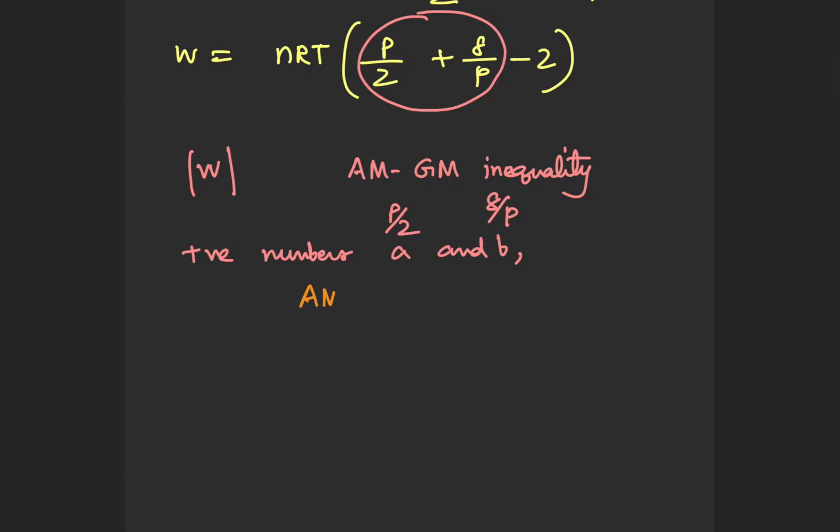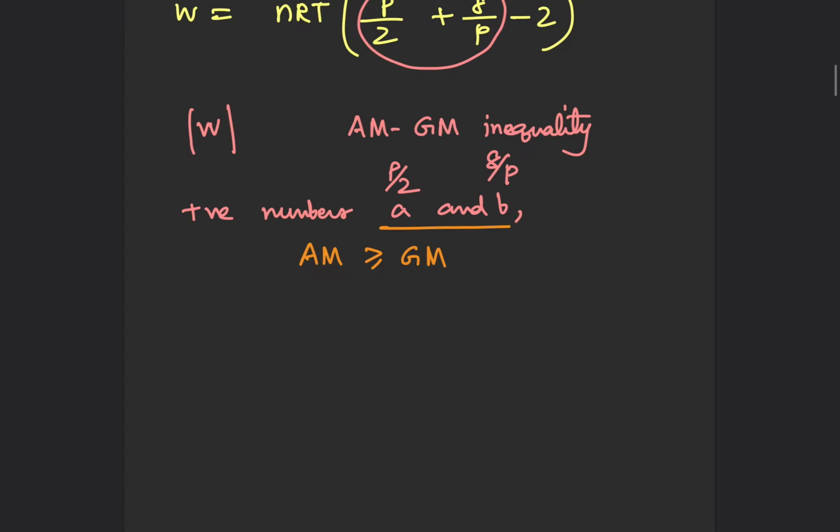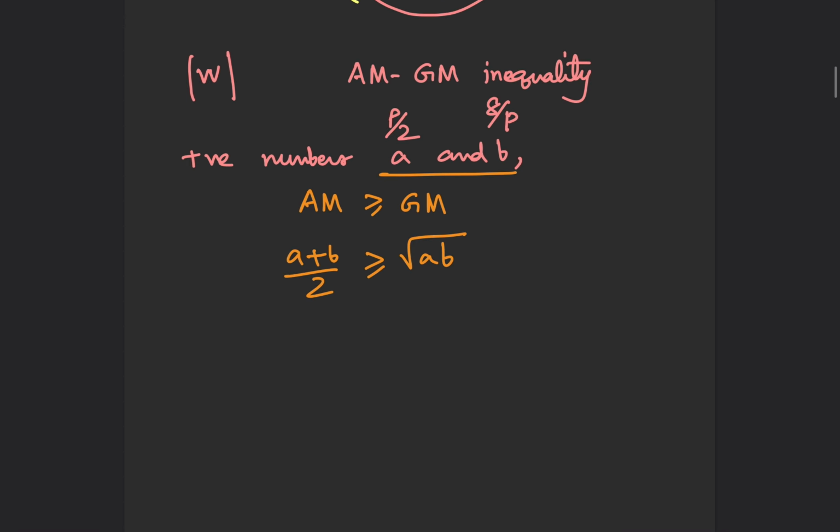That is, AM is always greater than or equal to GM. So the arithmetic mean of A and B is A plus B by 2, which will be greater than or equal to the geometric mean of A and B, which is root of AB.